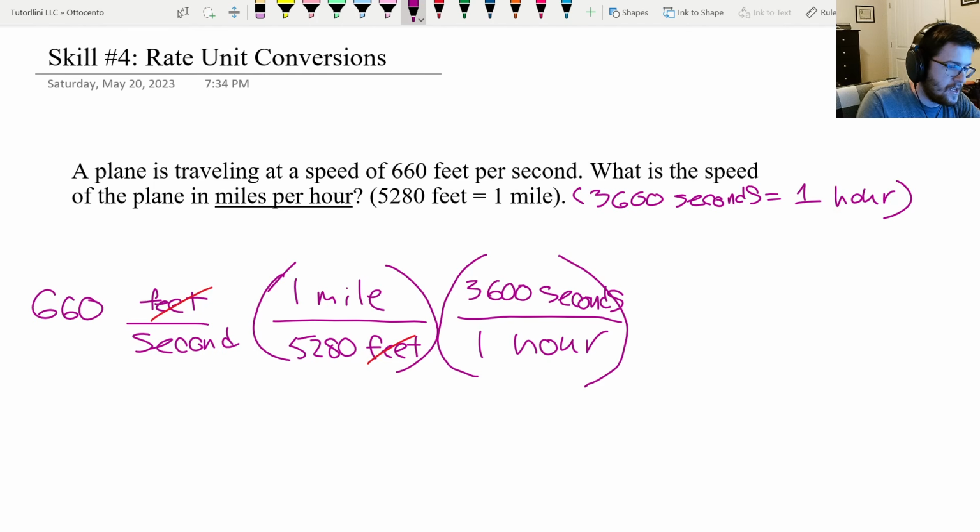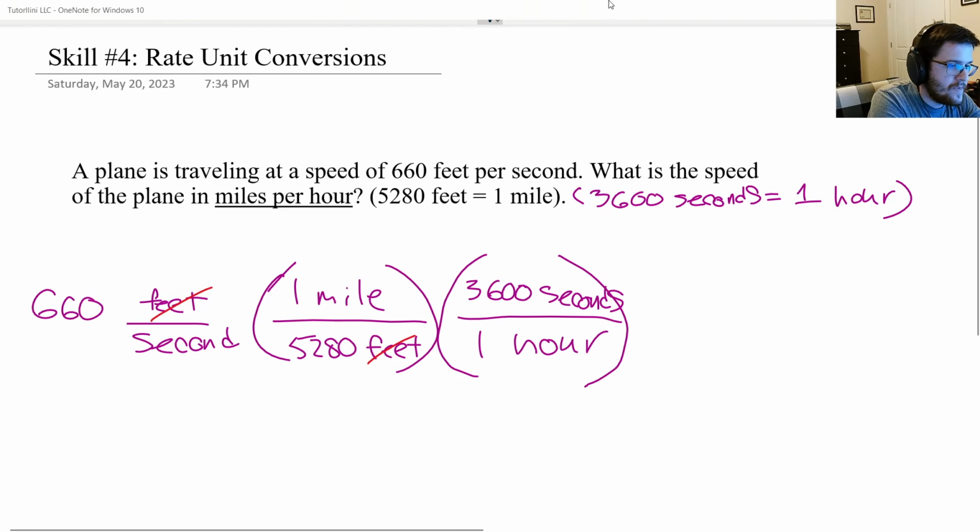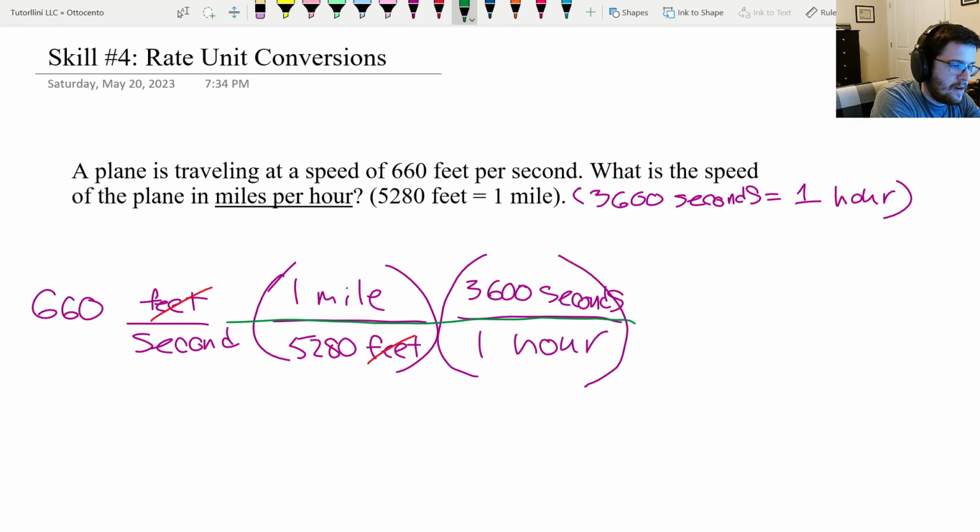Very strange. It's kind of like the opposite of what we were doing before, but again, just make sure always that they're on opposite sides of the fence. So seconds is on opposite sides of the fence, so we can cross that out and cross that out. And now we're left with miles per hour, which is what we wanted.